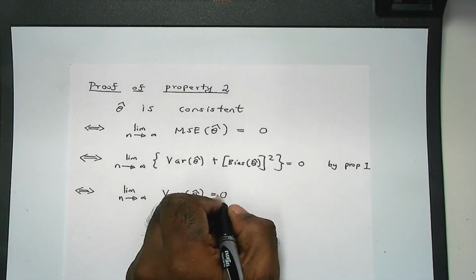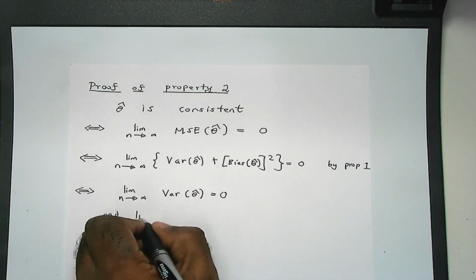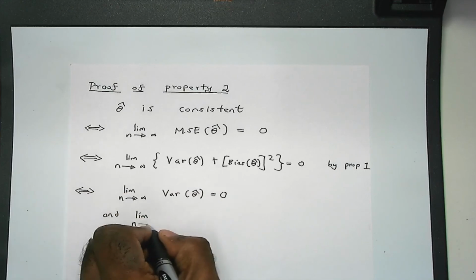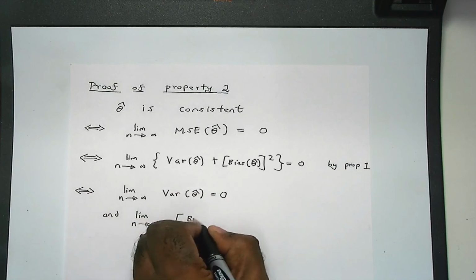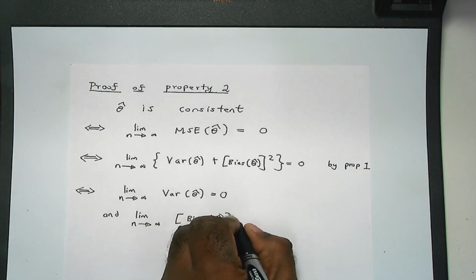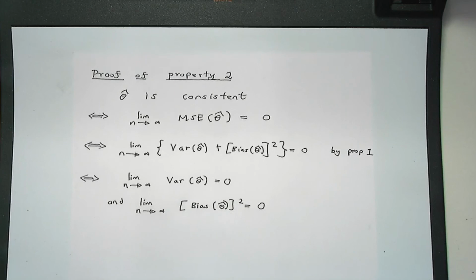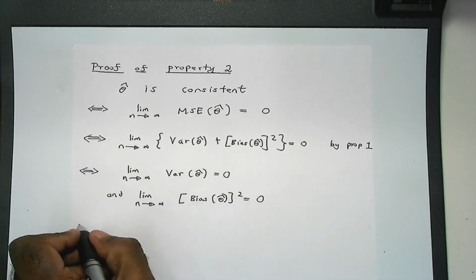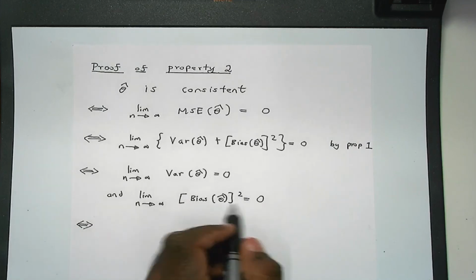and finally, if the limit of the square of the bias is 0, then the limit of the bias has to be 0.